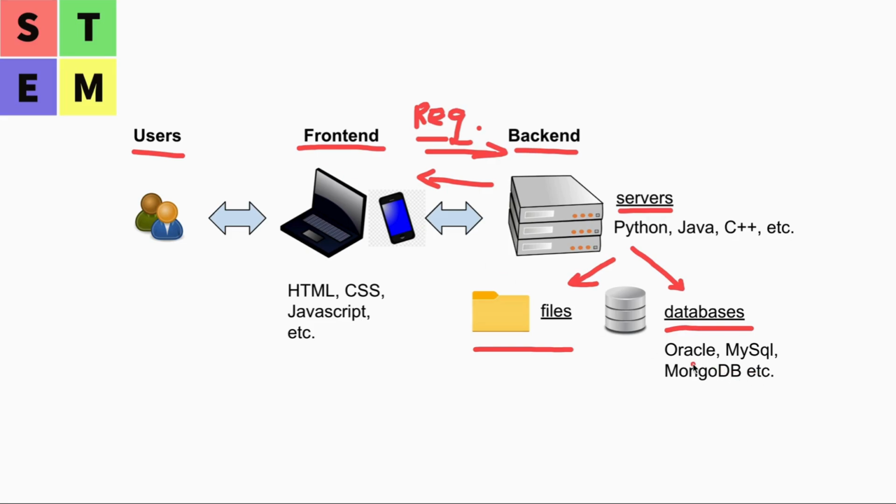The databases could be Oracle or MySQL, which are called relational databases. Of course, there are a lot more than that, like DB2 from IBM, MS SQL Server from Microsoft, and Postgres, and a lot of others. They are called SQL databases.